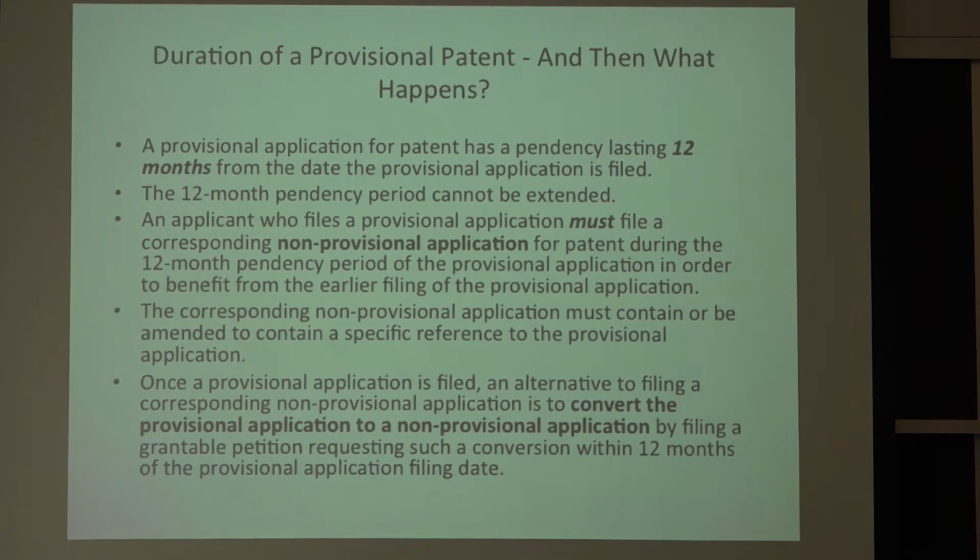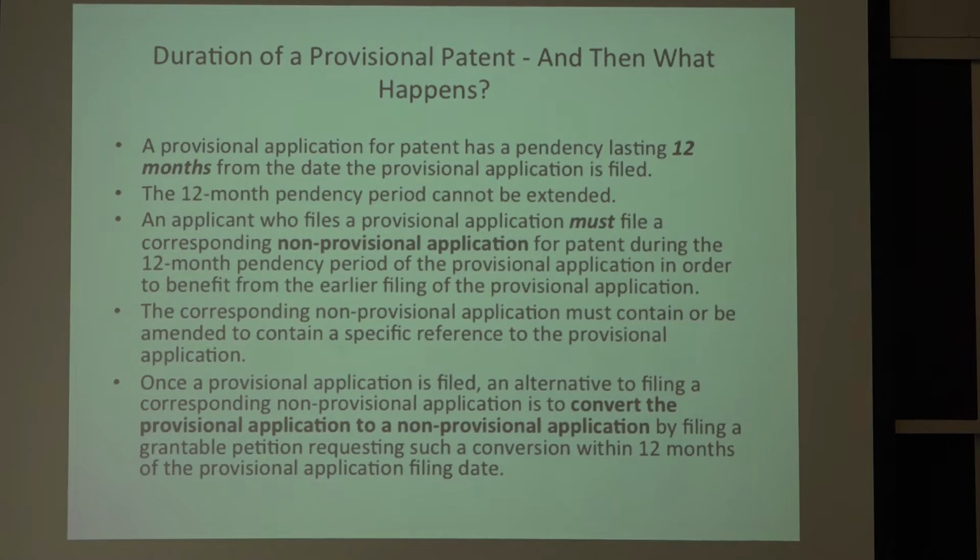And once the provisional application is filed, an alternative to filing a corresponding non-provisional application is to convert the provisional application into a non-provisional application by filing what they call a petition, a grantable petition, with the USPTO. But there are disadvantages to that. It's very rare that people convert a provisional to a non-provisional.